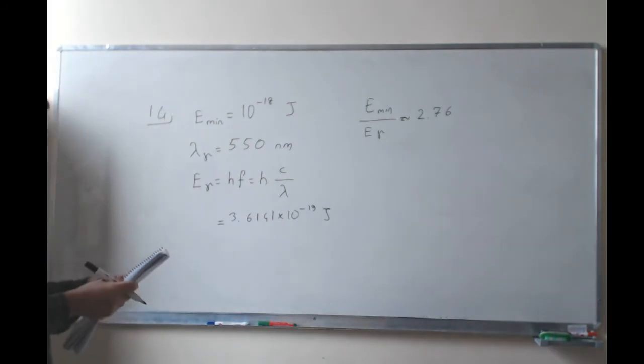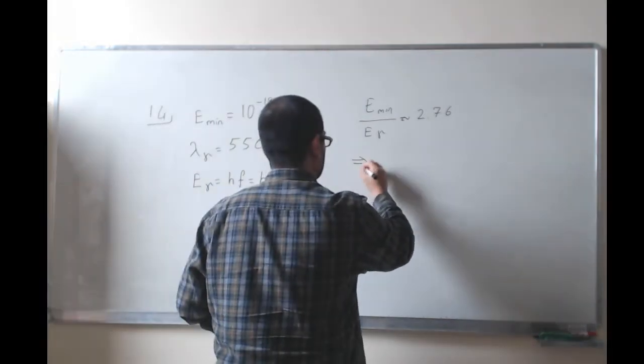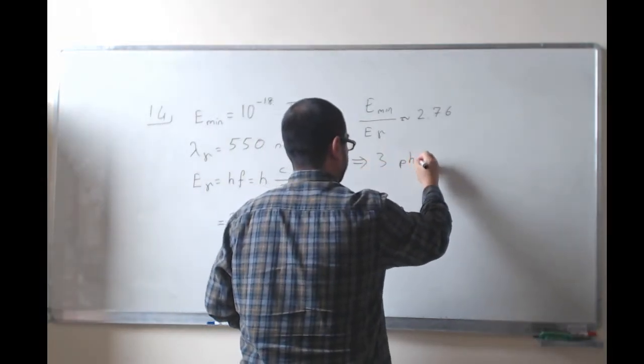So if you have 3 photons, then you're going to go over this threshold. 2.76 photons provides you with 10 to the minus 18 joules. 3 photons is going to provide more energy than 10 to the minus 18 joules, and you're going to be over threshold, and this flash is going to be observable by your eye. So 3 photons is sufficient.